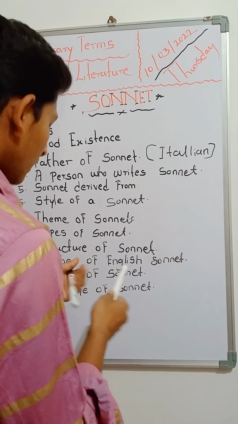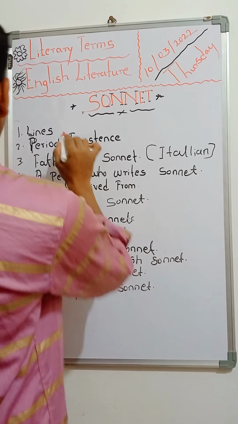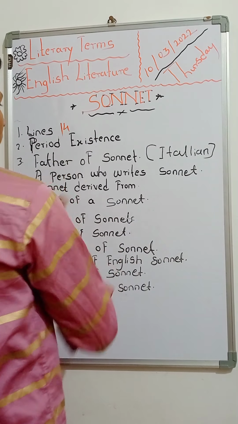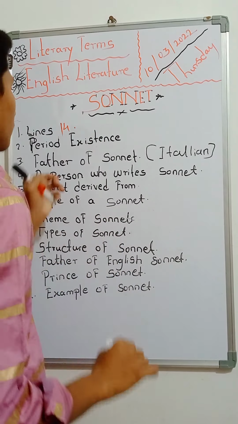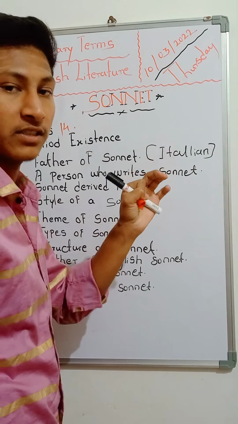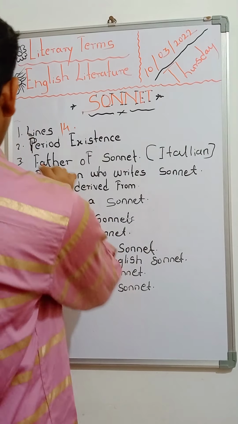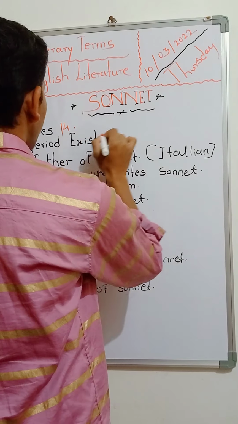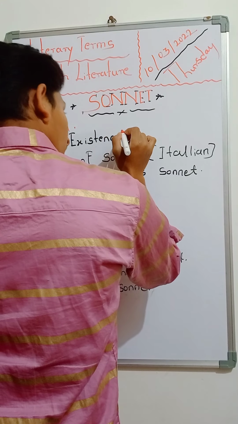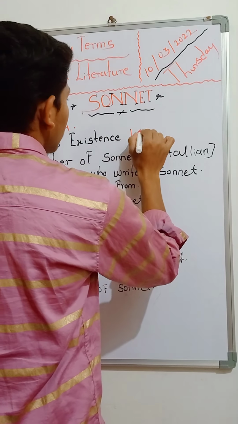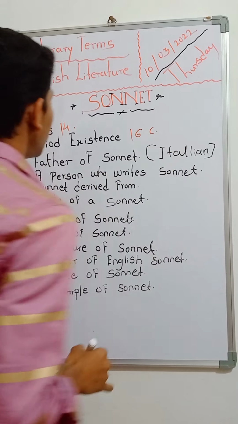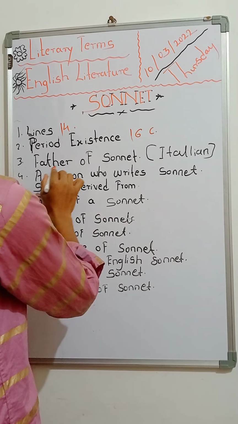Lines. The sonnet is usually written with 14 lines; the 14-line stanza is called a sonnet. Period of existence. The sonnet came into existence in the 16th century.